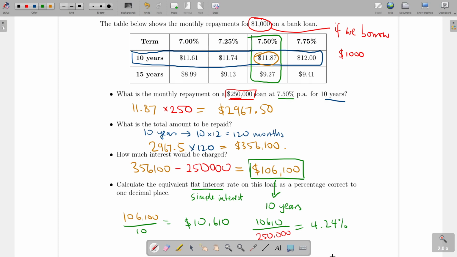But if we're thinking in terms of a flat interest rate, then we grab all of our interest, the whole $106,100 here, and we say, let's just pretend that this was split into 10 equal bits for 10 years, right? And so each year the interest would be this thing. And so just by comparing that with the amount we initially borrowed, that will give us the flat interest rate.